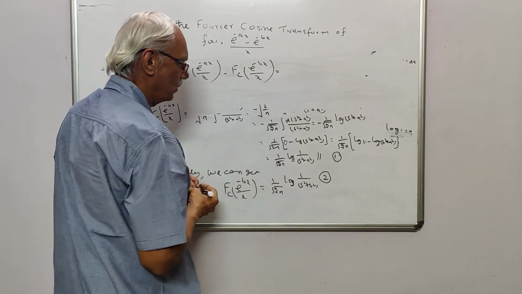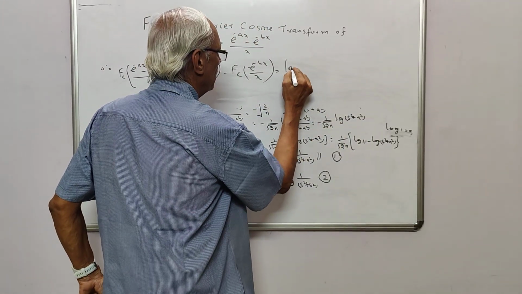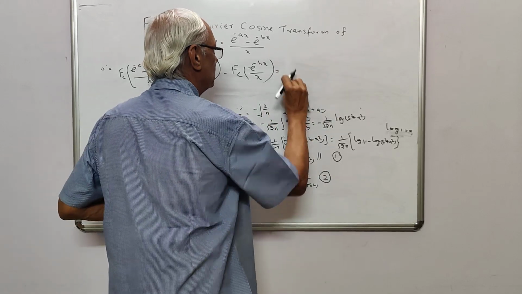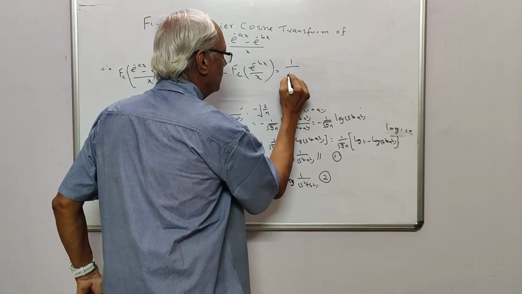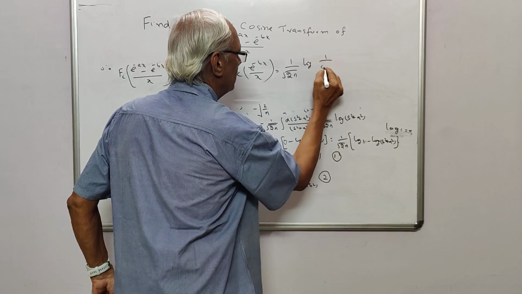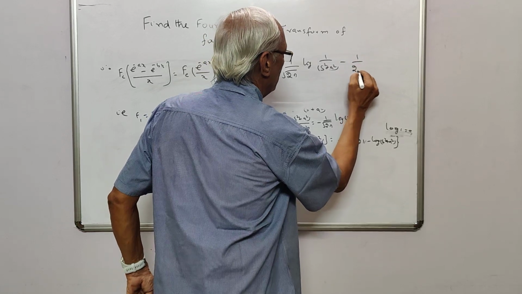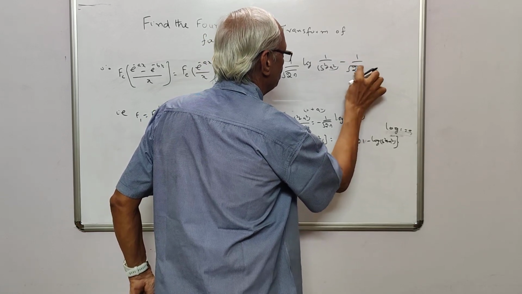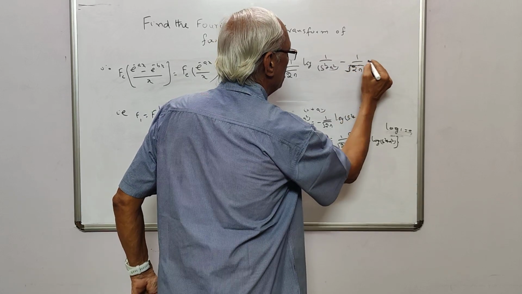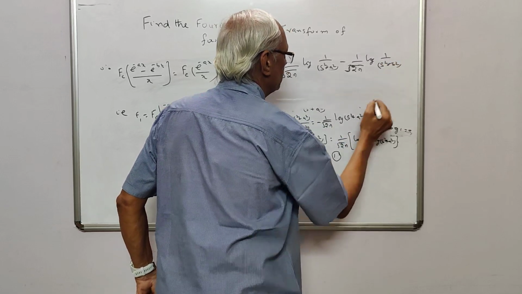So what do you get here? This is equal to 1 by square root of 2 pi log of 1 by s squared plus a squared minus 1 by square root of 2 pi into log of 1 by s squared plus b squared.